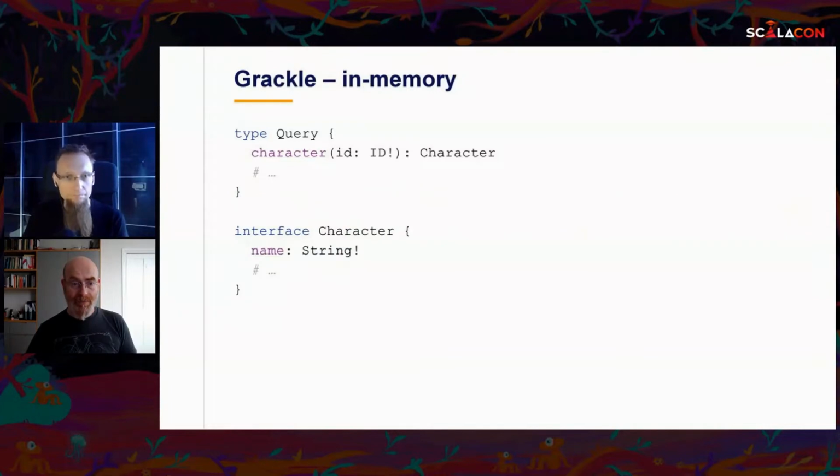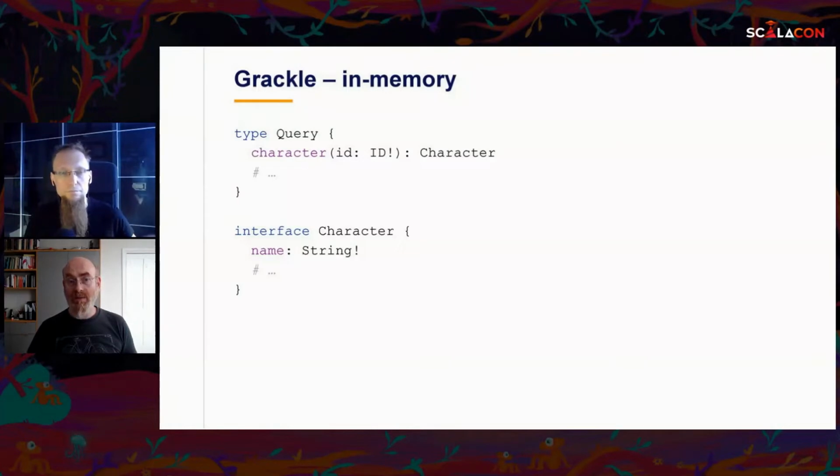Okay, so these fragments of the GraphQL schema correspond to the demo that Rafał just gave you. What we're looking at here is the GraphQL schema definition for the top level character field.